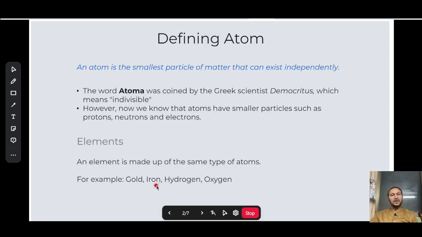Similarly, if we are talking about the element iron, we will find that all the atoms are similar. Similarly, hydrogen or oxygen. So, in an element all the atoms are similar. Element is made up of same type of atoms.